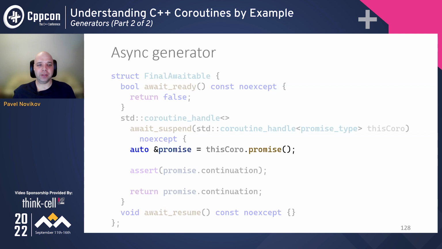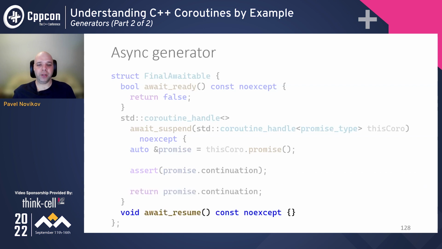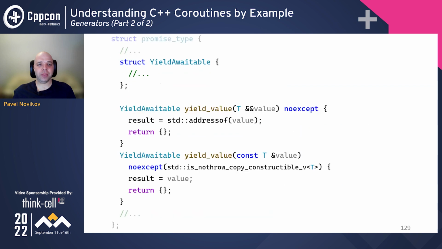So here we get reference to promise. We expect there to be a continuation, and we return the continuation coroutine handle using so-called symmetric transfer of control. And await resume in this case does nothing.